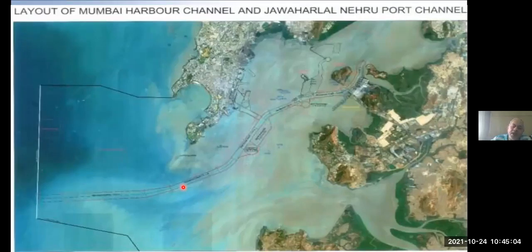To bring the ship inside the port and take it out of the port, foreign nationals who do not belong to this place require some assistance, and that person is called the pilot. He goes on the ship somewhere outside the port, sometimes here, depending on the port and how much activity there is.